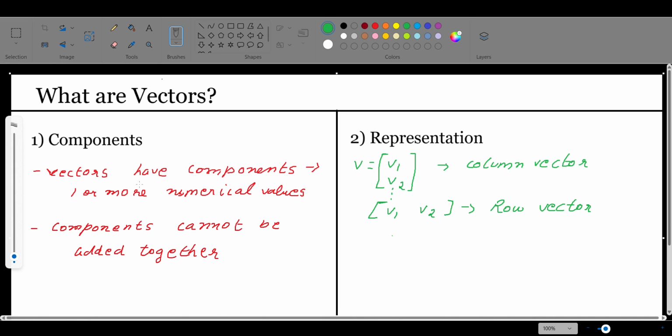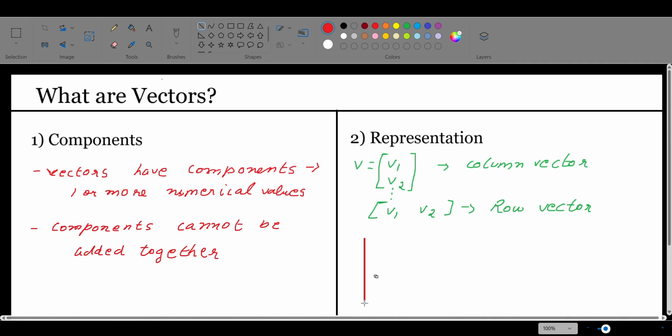Now, the next thing I wanted to show you was how a vector looks on a graph. So let me just create a small graph over here. Sorry, I'm just going to try and straighten this line. Okay.